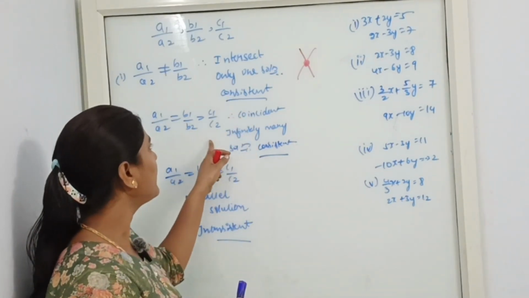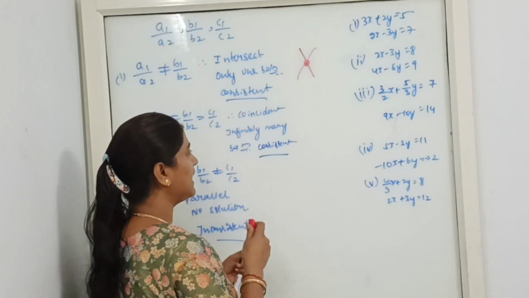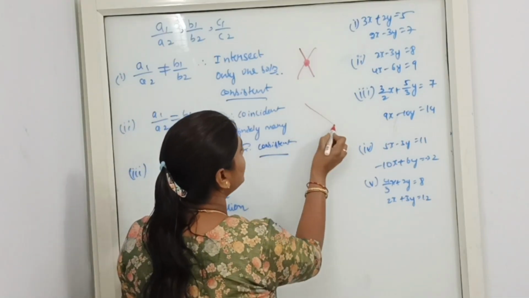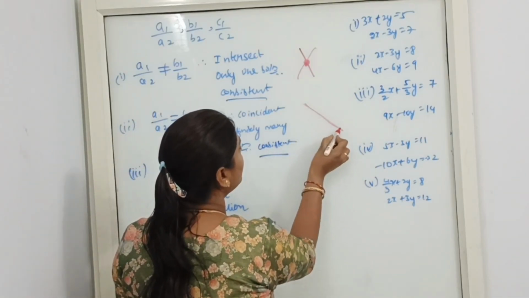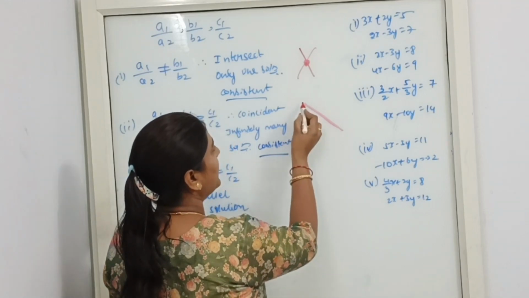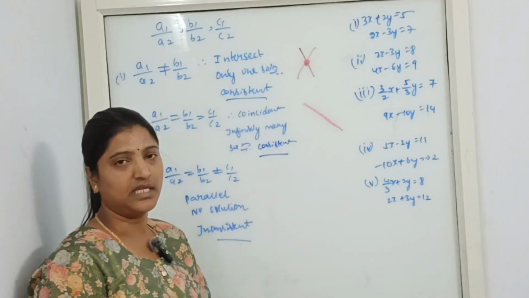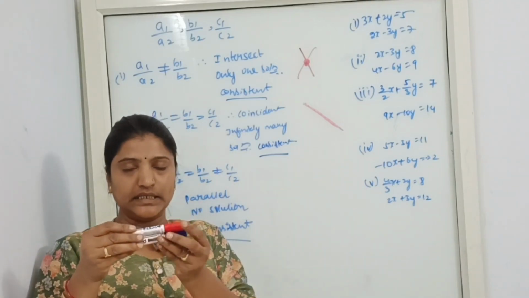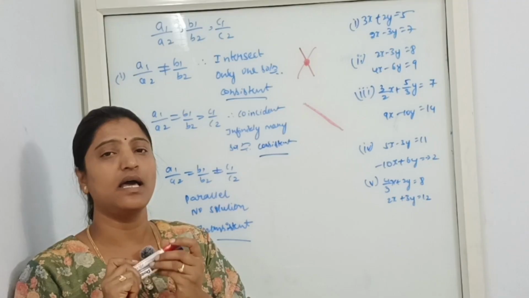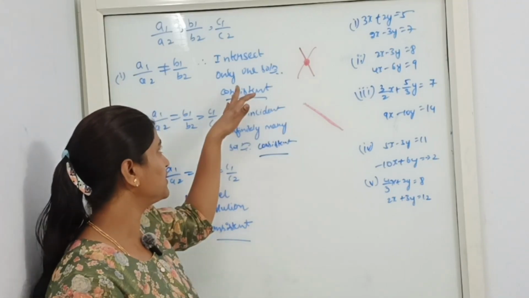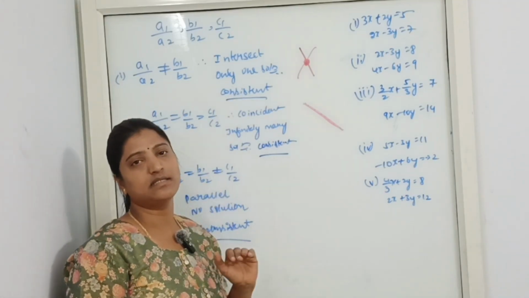And if all ratios are equal, then they coincide. Coincide means a line overlapping on another. So that means infinitely many solutions exist. If the solution is there, it belongs to consistent.